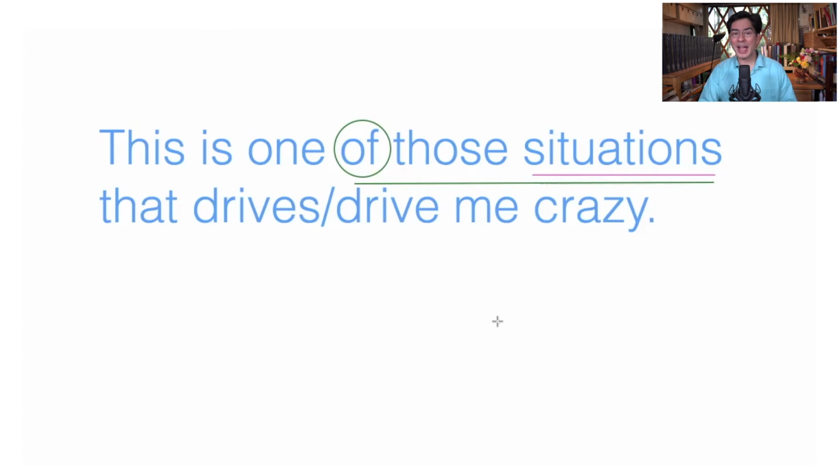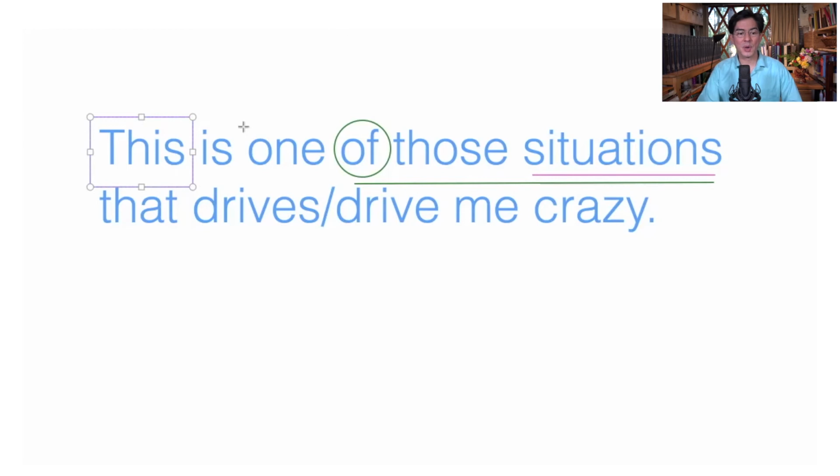So what we actually have here is the subject of the sentence is not situations. The subject of the sentence is, let's see if we have another interesting shape. One, or actually, the subject of the sentence is this. This is one. That's sort of the kernel of the sentence.